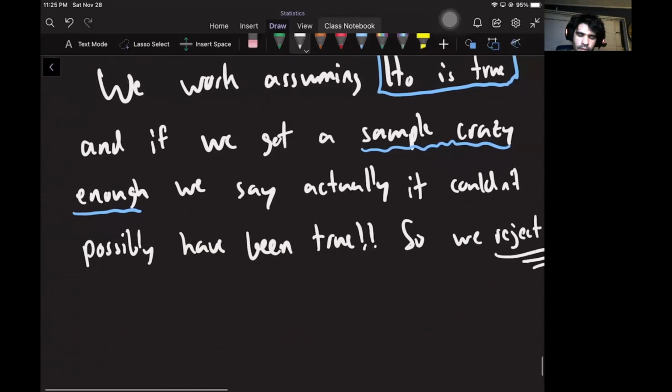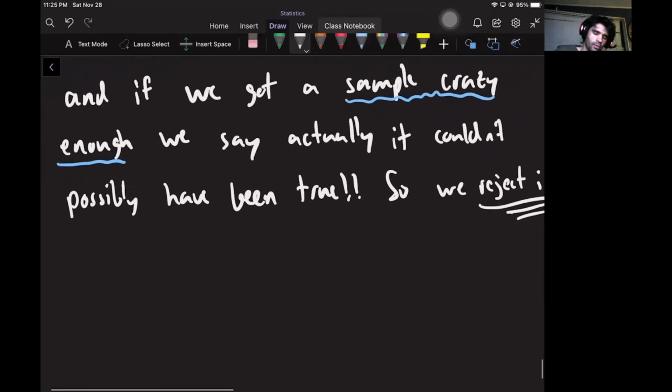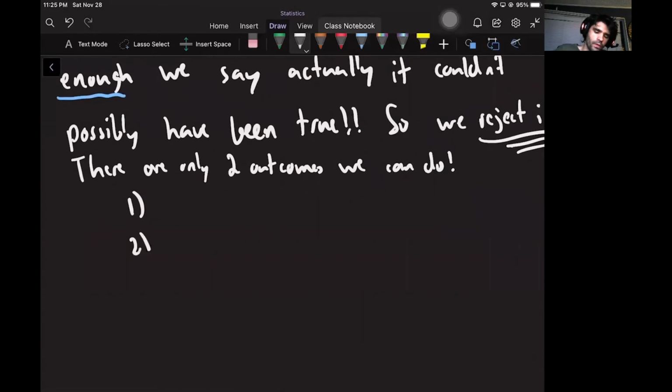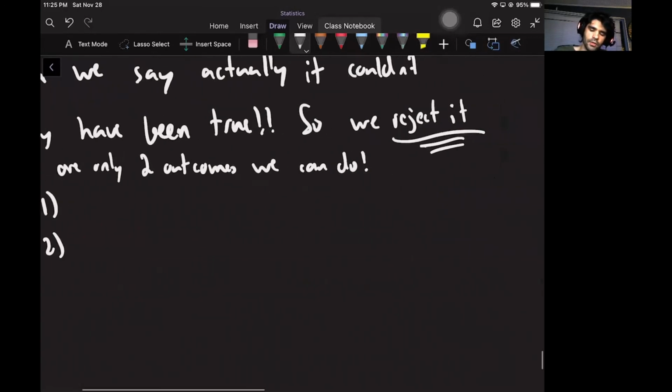And so what this means is that in a hypothesis test, so in all these problems that we're actually going to do, there are only two outcomes that we can do.